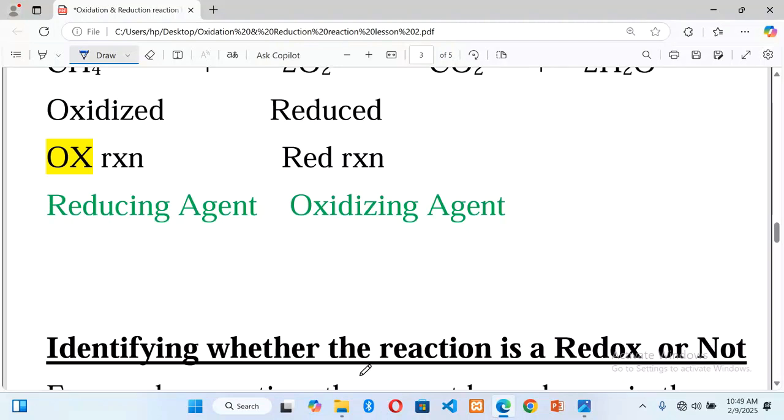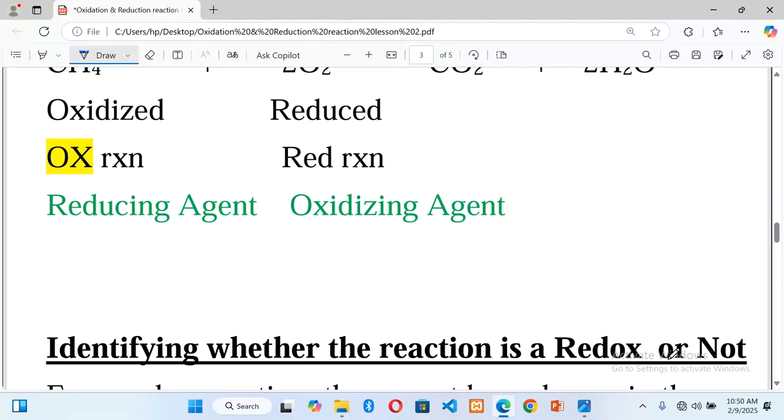Now, we want also to use the same knowledge of oxidation numbers to identify whether a reaction is a redox or not. Did you know that some reactions may not be redox reactions? Because we said in a redox reaction, oxidation and reduction take place simultaneously. So when you find that there is no oxidation and reduction taking place, we say that is not a redox reaction.